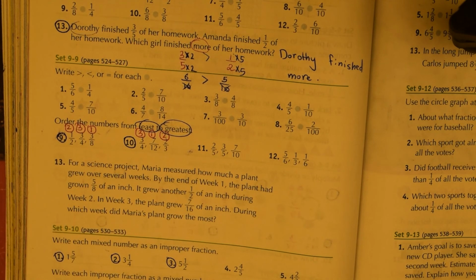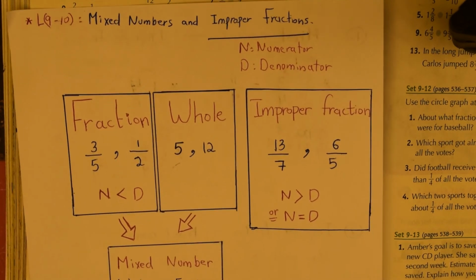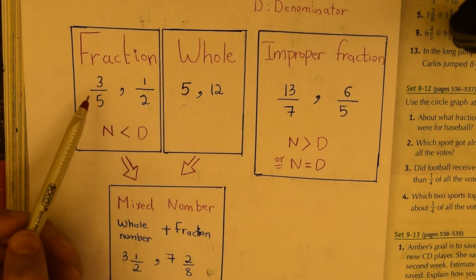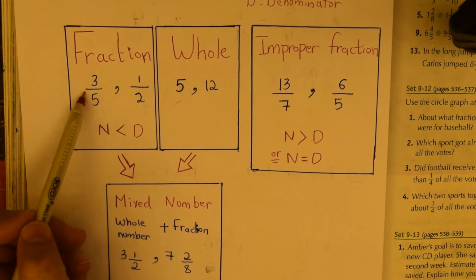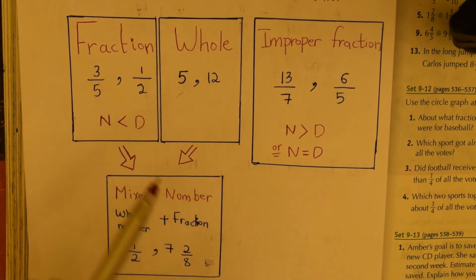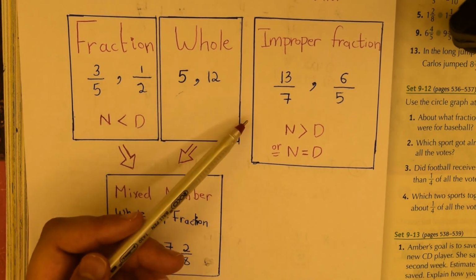Okay, now we will revise the last lesson, Lesson 10, mixed numbers and improper fractions. We said that this is a fraction that has a numerator smaller than the denominator. Numerator is smaller than the denominator, and the whole is a whole number like 5, 12, 10, 100.